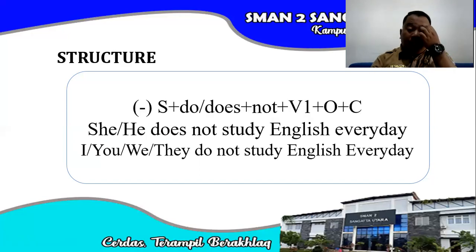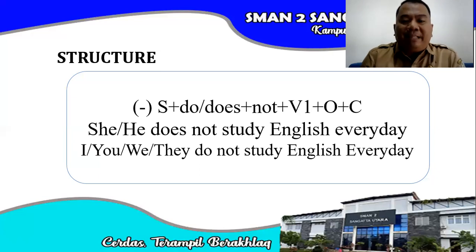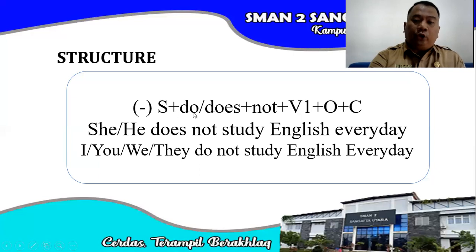Now we are going to move to the structure of the negative form of simple present. Subject plus do or does depending on the subject, plus not, plus verb one, plus object, plus complement.